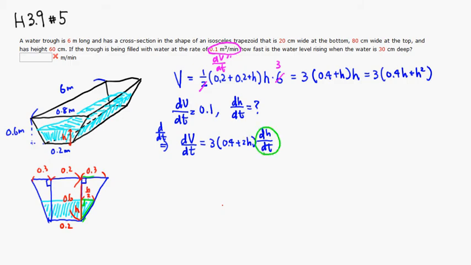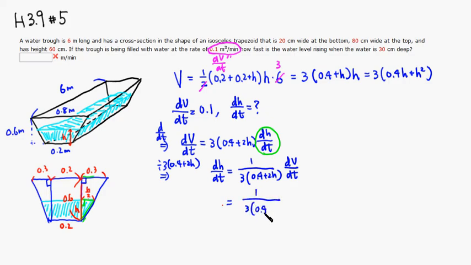So we can divide through by 3 times (0.4 plus 2H). I'm going to write dH over dt on the left hand side, and you have 1 over 3 times (0.4 plus 2H), times dV over dt.